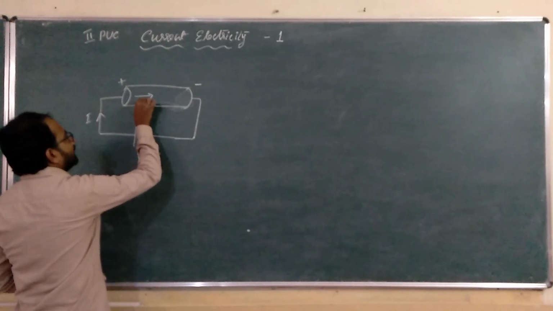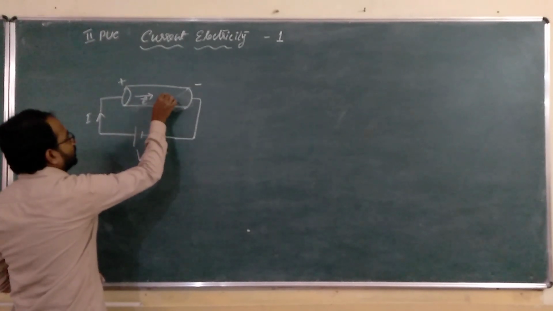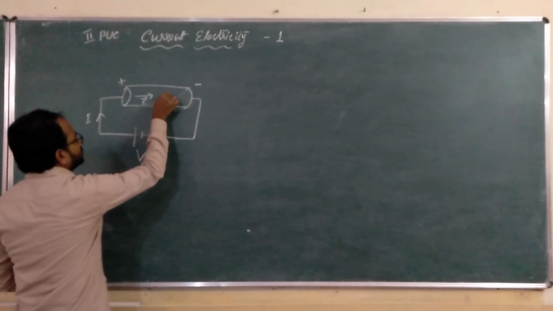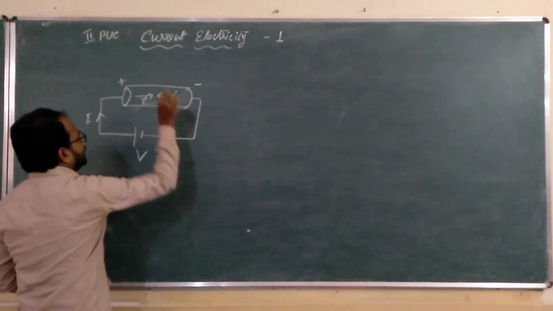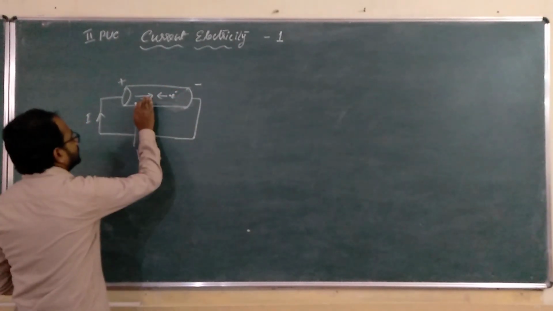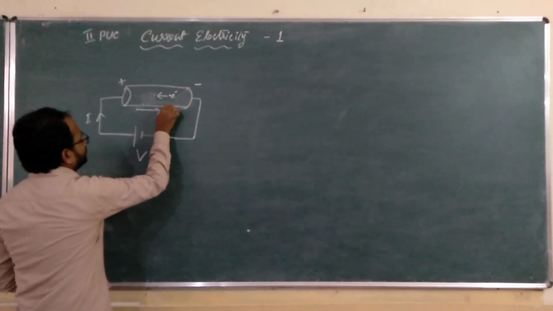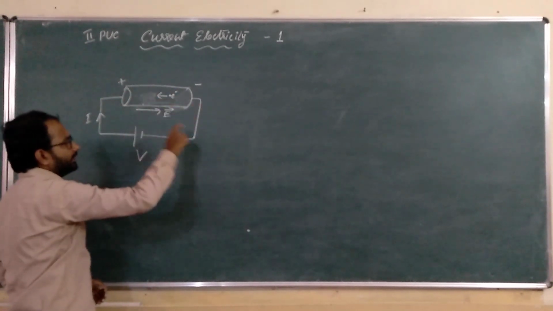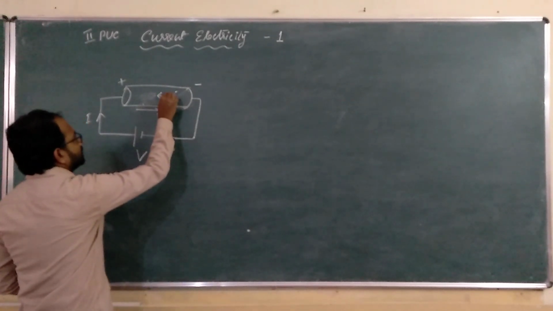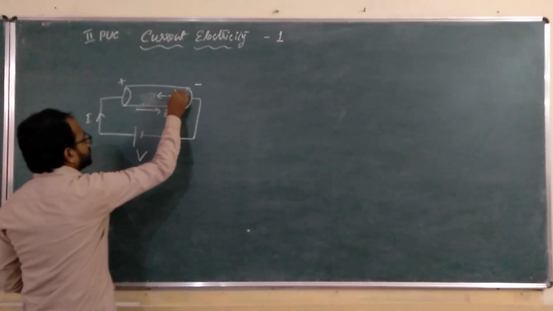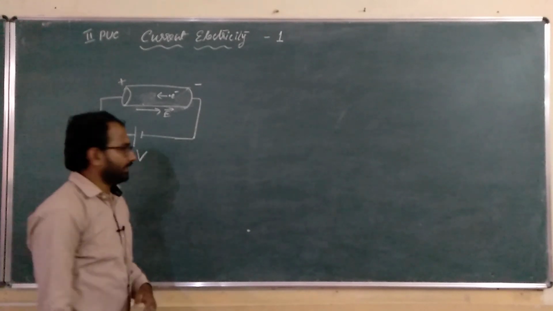Due to the applied electric field, electrons move in a direction opposite to the direction of the electric field. This is the direction of the electric field, from positive potential to negative potential. So, electrons are drifted in a direction opposite to the electric field.